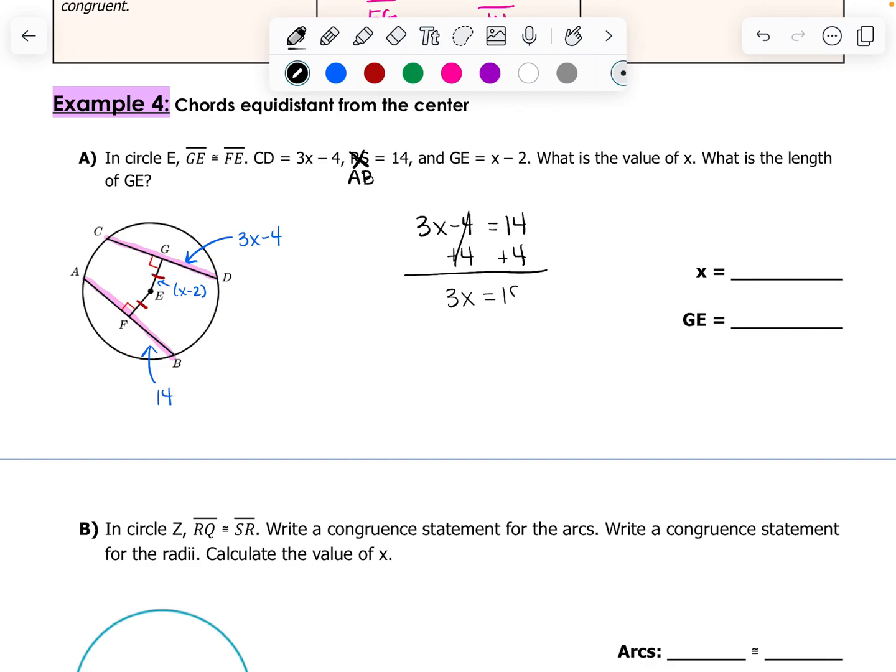I have 3x equals 18, and when you divide by 3 on both sides, x is equal to 6. So I could go ahead and plug that into my answer spot. Now to find GE, you need to take 6 and plug it in for that expression. So that will be 6 minus 2, which is 4. The length of GE is 4.